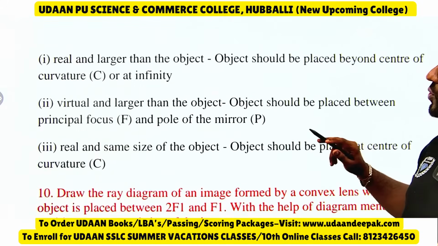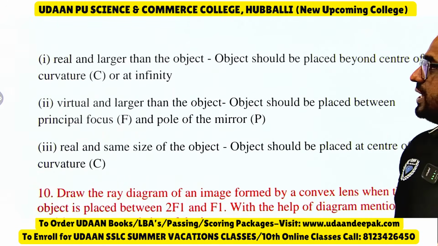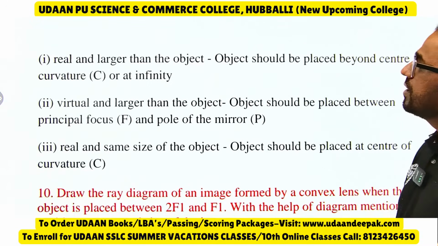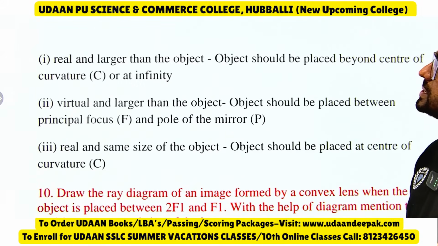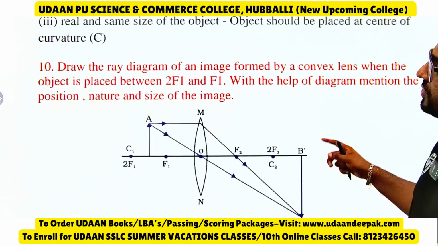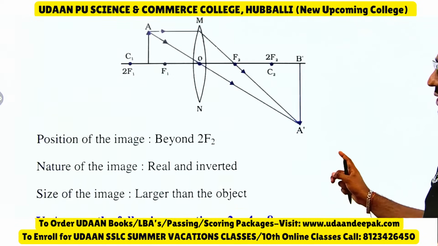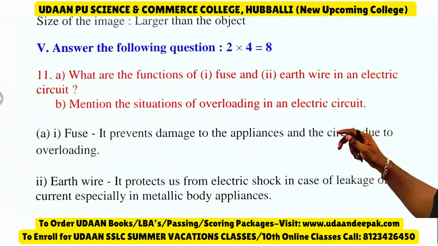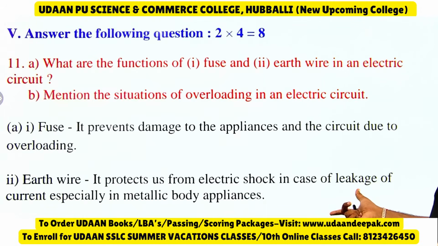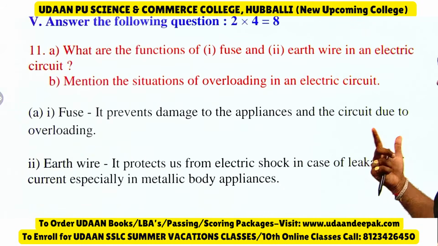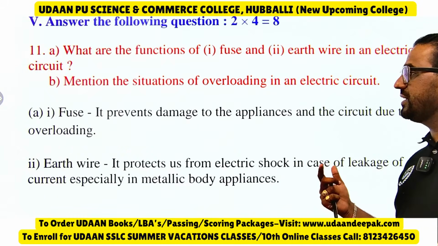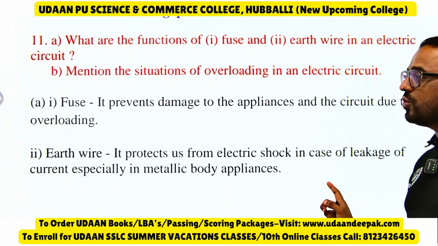First one, between C and F. Next, draw the ray diagram: between 2F1 and F1 in front of the lens. You know this. Then what are the functions of fuse and earth wire? Fuse prevents damage to the appliances and the circuit due to overloading.